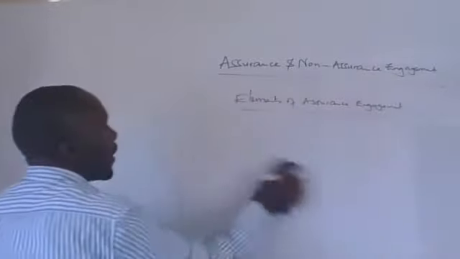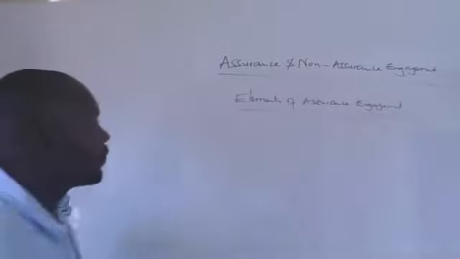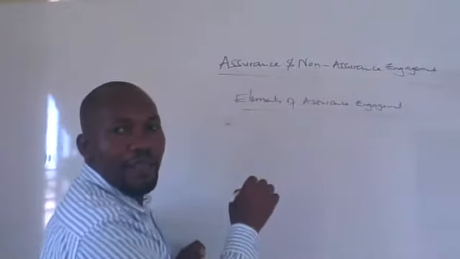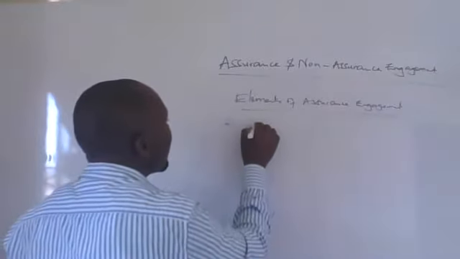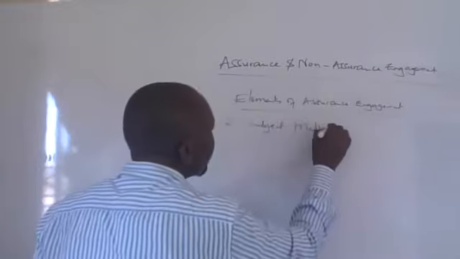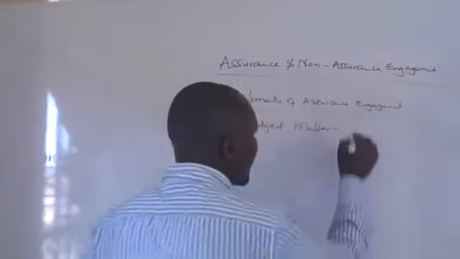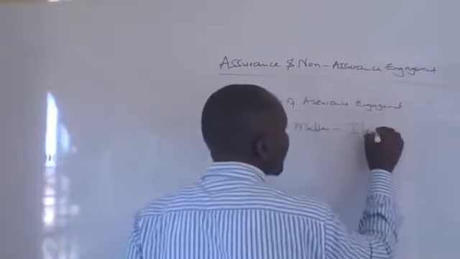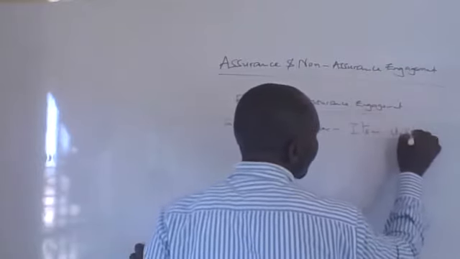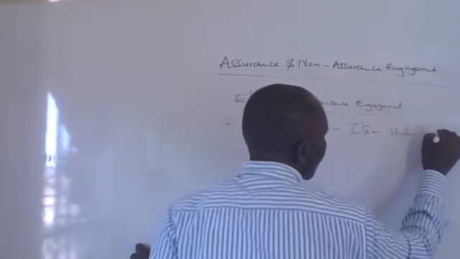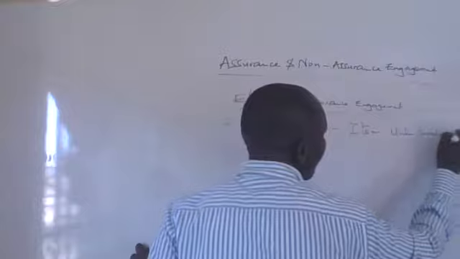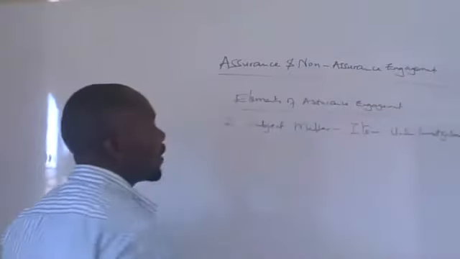Now, after number one, we have number two. Number two, we can think about maybe the subject matter. It is the item under investigation.